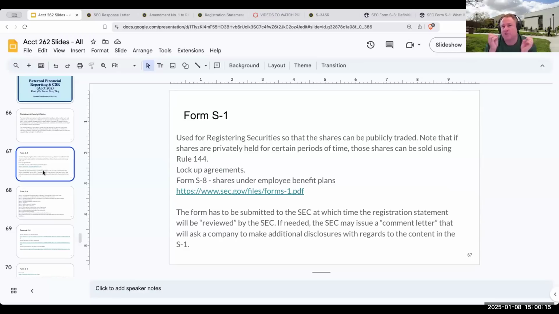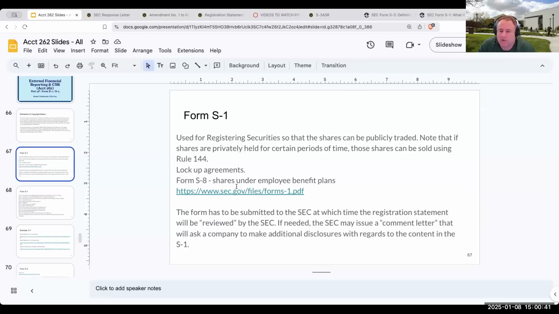If we have shares that we're issuing to employees under an employee stock plan, that could be done via a Form S-8, which are shares under employee benefit plans. And then those could be sold by the employees. But there's also being able to sell if you have stock that has not yet been registered.